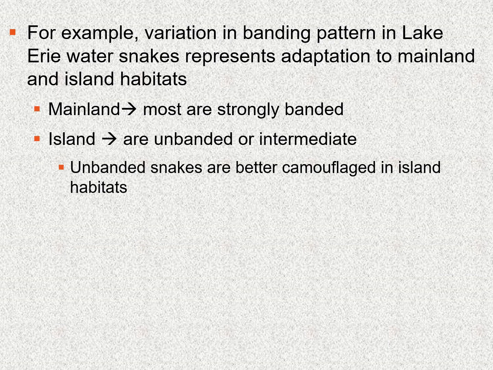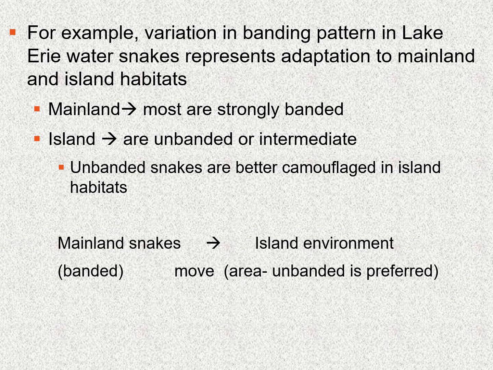They're very strongly banded, and on the islands, they're either unbanded or somewhat intermediate. The unbanded snakes are better camouflaged in the island habitats. So the lack of banding or reduced banding is selected for on the island and not selected for on the mainland.